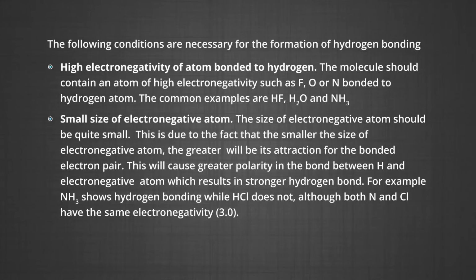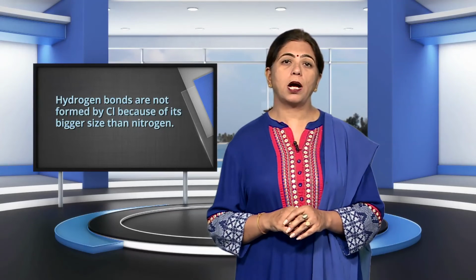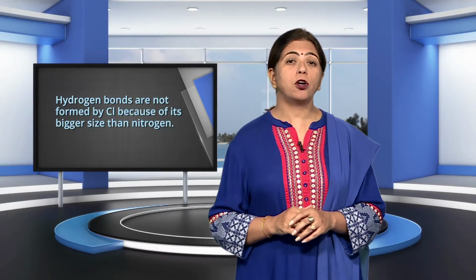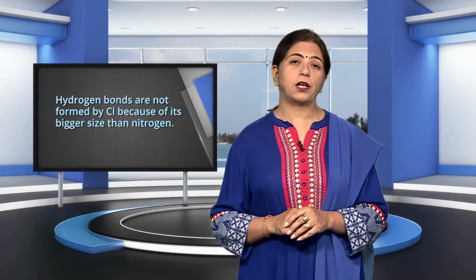This will cause greater polarity in the bond between H and the electronegative atom, which results in a stronger hydrogen bond. For example, ammonia shows hydrogen bonding while hydrogen chloride does not, although both nitrogen and chlorine have the same electronegativity, 3.0. Hydrogen bonds are not formed by Cl because of its bigger size than nitrogen.